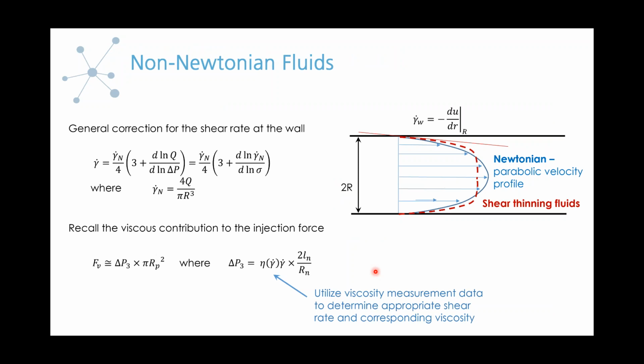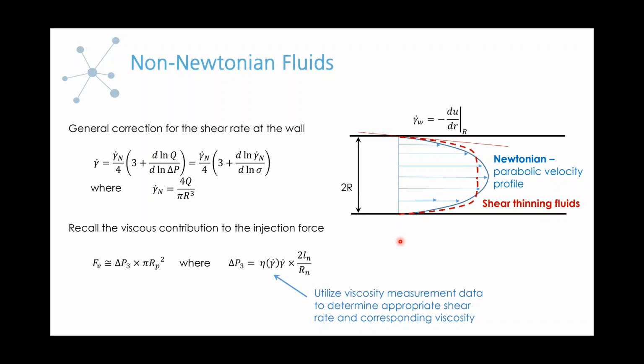Okay. So we can talk, though, about non-Newtonian fluids and how they flow through cylindrical channels. I apologize, the presentation got shuffled a bit when we changed computers. But reminding you that for the Newtonian case, we have the parabolic velocity profile.